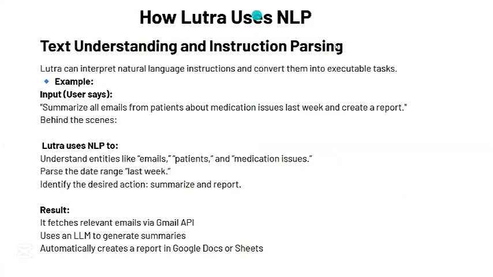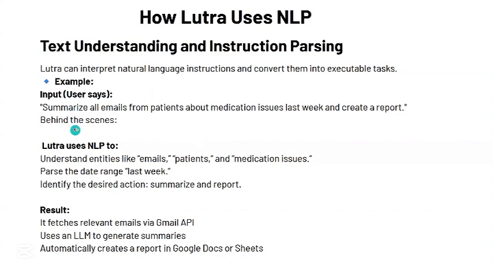Okay, how Lutra uses NLP. I told you I selected Lutra because there is a big NLP part in Lutra, other than the machine learning stuff, models, and large language models. Here, Lutra can interpret natural language instructions and convert them to executable tasks.